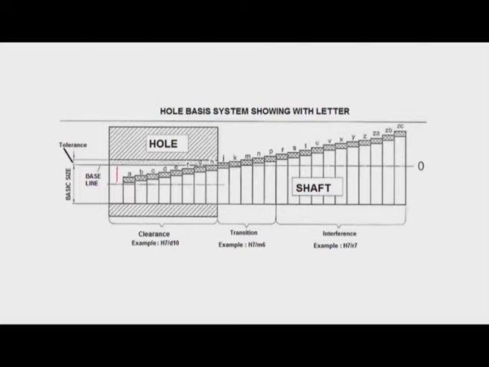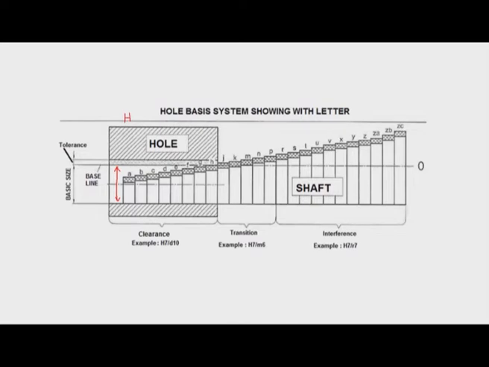So this is the lower limit of the hole, and it is coinciding with the basic size. So that is why this is the basic hole with letter H, and this is the tolerance for the hole, and this line indicates the 0 line.